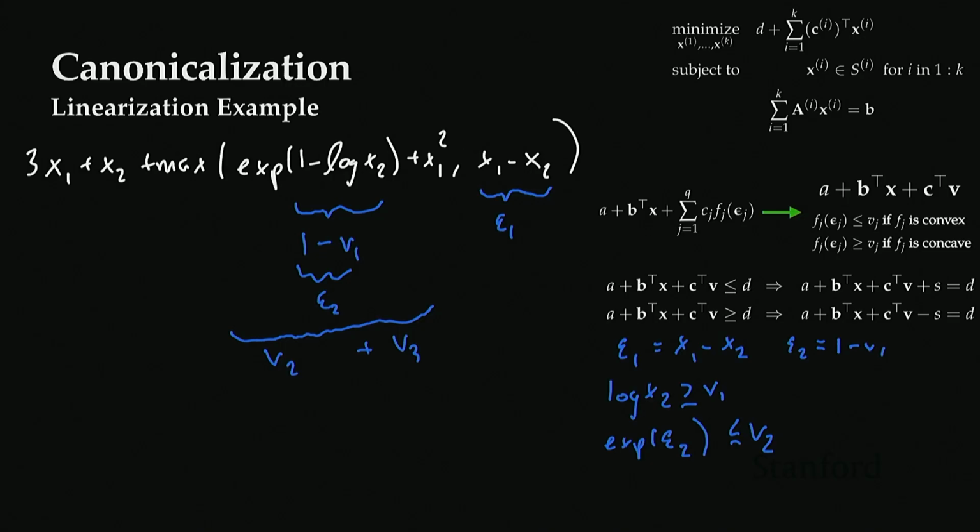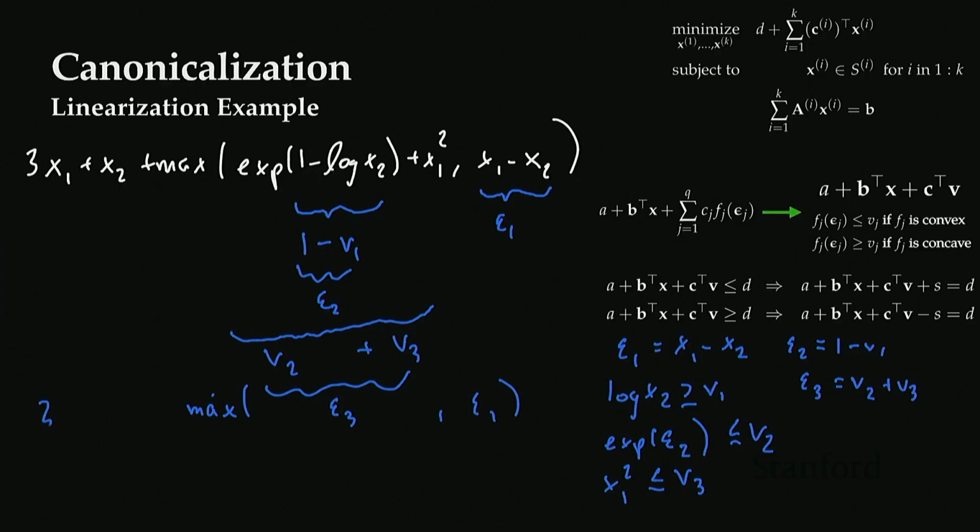We're introducing v3 in place of x1 squared. So x1 squared is less than or equal to v3. Okay? We're going to call this thing epsilon3. So now we have max of epsilon3 comma epsilon1.